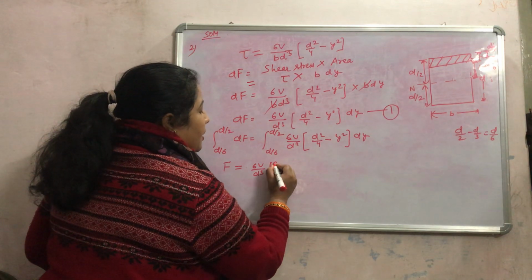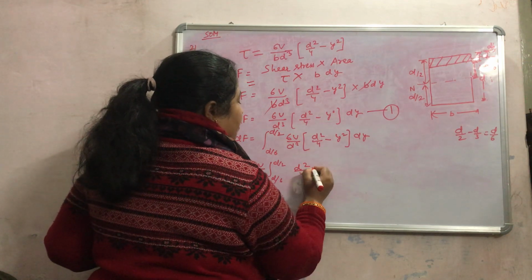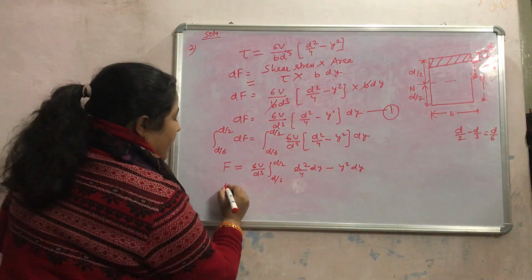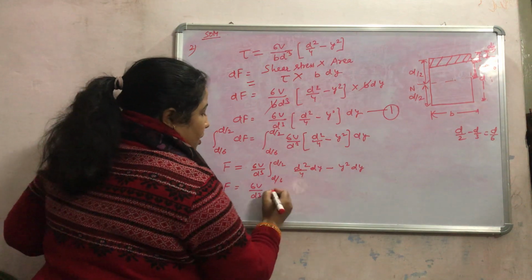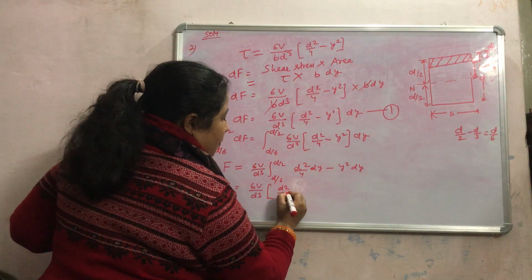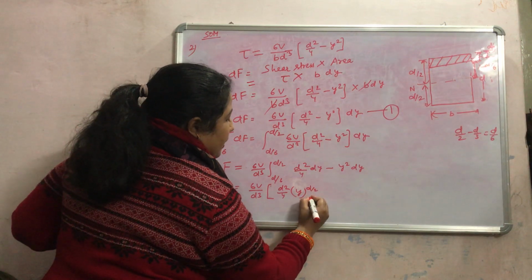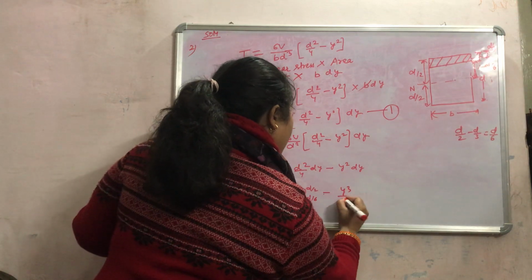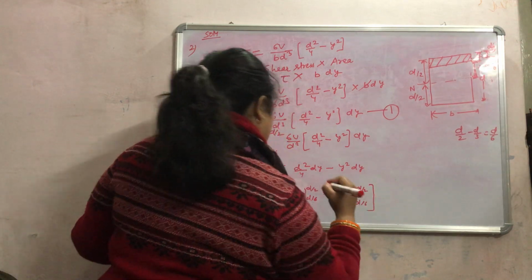So the integral of d square upon 4 dy minus y square dy. F equal to 6V upon d cube into [d square upon 4 into y, limit d by 6 to d by 2, minus y cube upon 3, limit d by 6 to d by 2]. Okay.